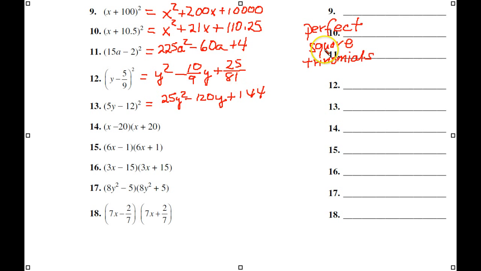Now all of these, when we square a binomial, give us a product, these out here, that are called perfect square trinomials. Now an interesting thing about them, the first terms of all of these are perfect squares.